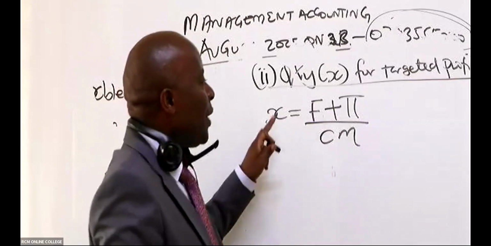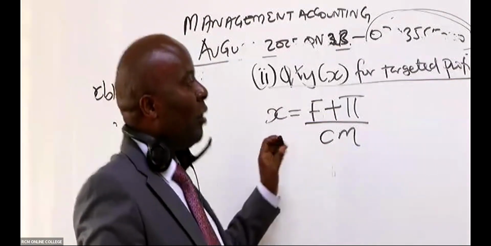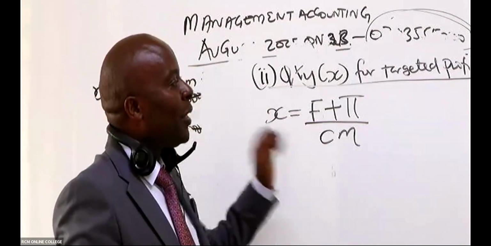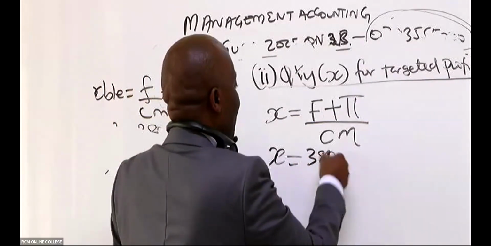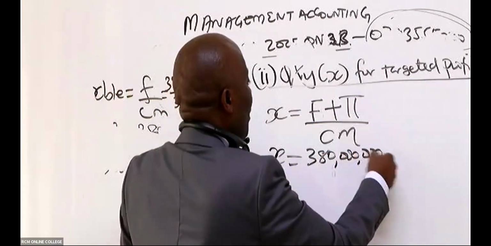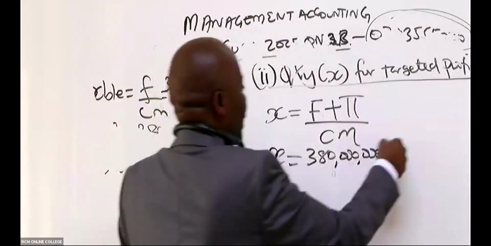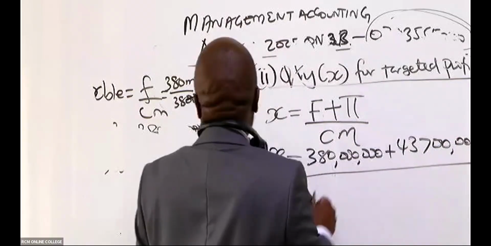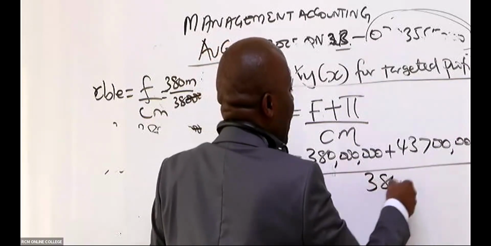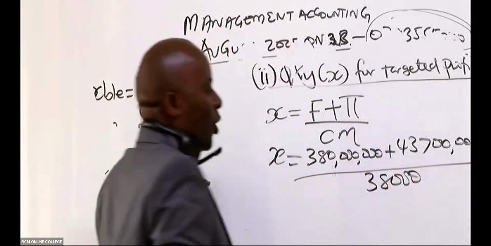So the quantity X to be sold for us to achieve the targeted profit of 43.7 million will be the fixed cost of 380 million, plus the profit you're targeting of 43,700,000, divided by the contribution margin of 38,000. So go slowly.